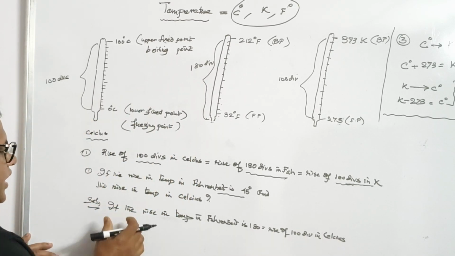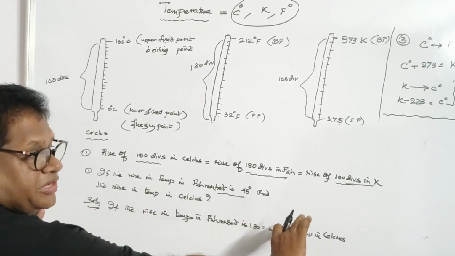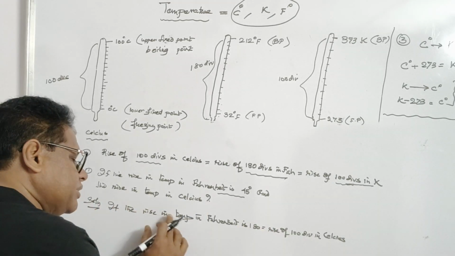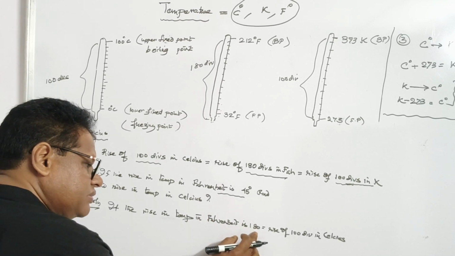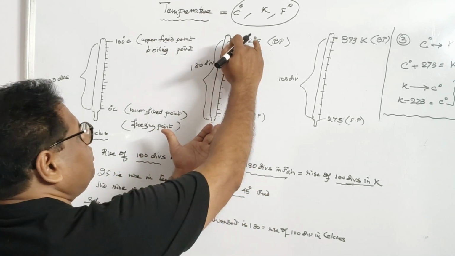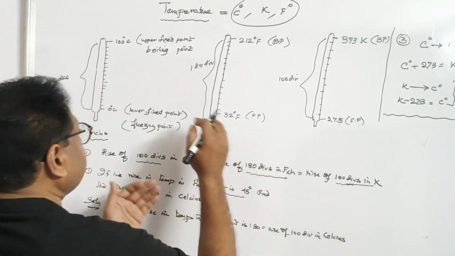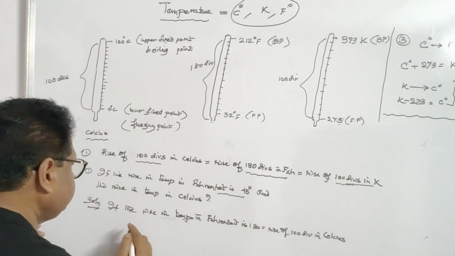I repeat once again, this is the basic statement: if the rise in Fahrenheit is 180, between the lower and upper fixed point, then the rise is 100 divisions Celsius, between 0 and 100.